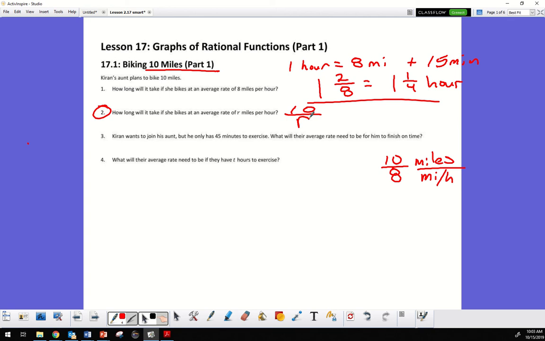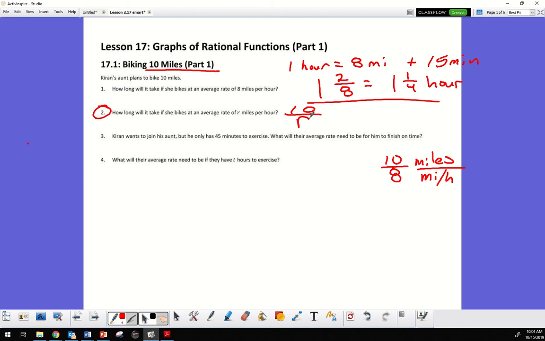Karen wants to join AMP, but only has 45 minutes to exercise. What would her average rate be to finish on time? So now I know this is the setup. I need to figure out the rate.